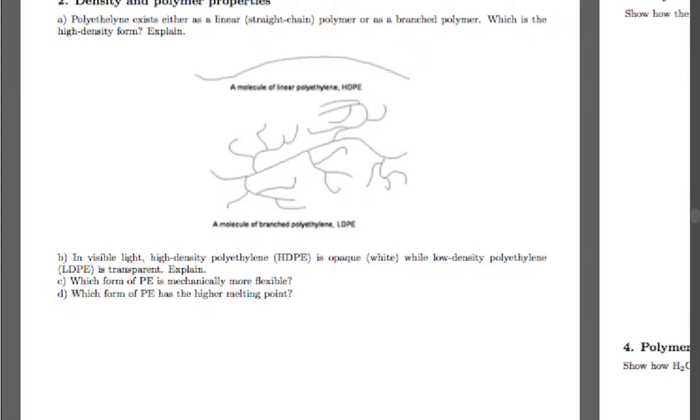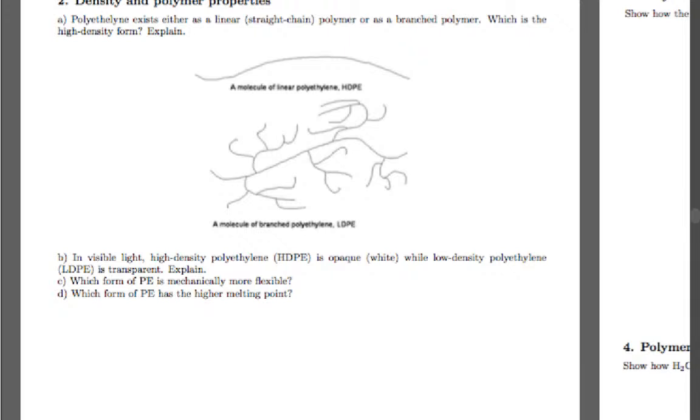Polyethylene exists either as a linear straight line polymer or as a branched polymer, which is the high density form. The higher density form would be the single line, because the single line would pack much more nicely than a jumbled up one.